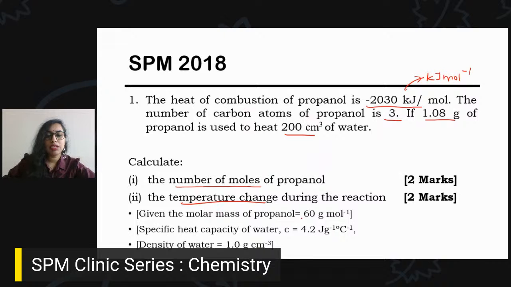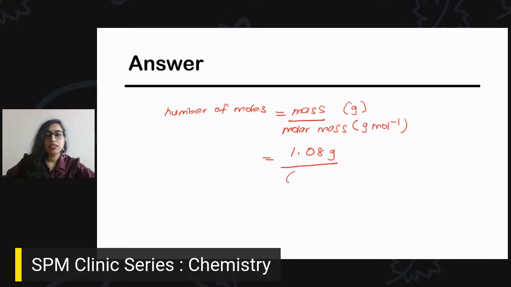They have given you the molar mass, which is 60 gram per mole. So you just write 60 gram per mole. So you can cancel this. Okay, so you will get 0.018 mole. So this is the answer.